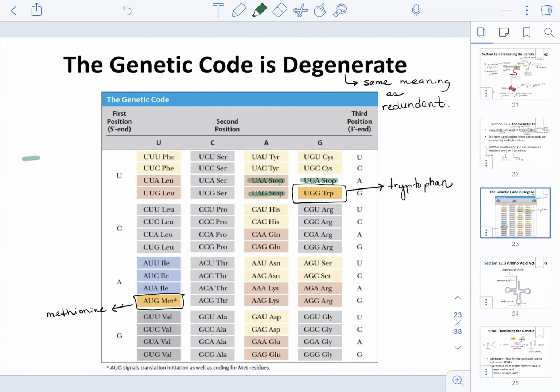They are known as stop codons, and they do not encode for an amino acid. As we're going to see once we study the process of translation in detail, these are specific codons that tell the release factors that translation has been completed.